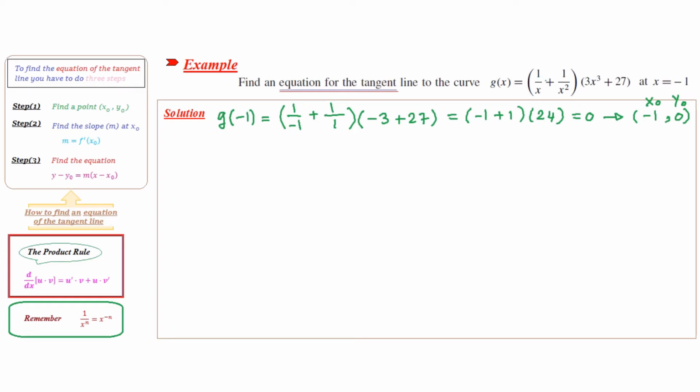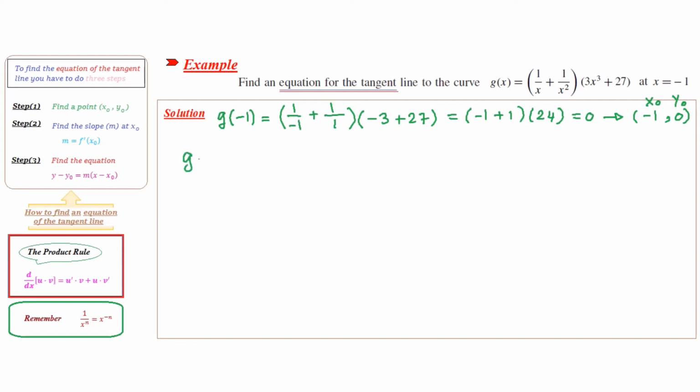But you have to rewrite 1 over x as x to the power -1 and 1 over x squared as x to the power -2. So you have to remember that 1 over x to the power n equals x to the power -n. So you have to modify the function firstly, then you can find the slope or the first derivative.